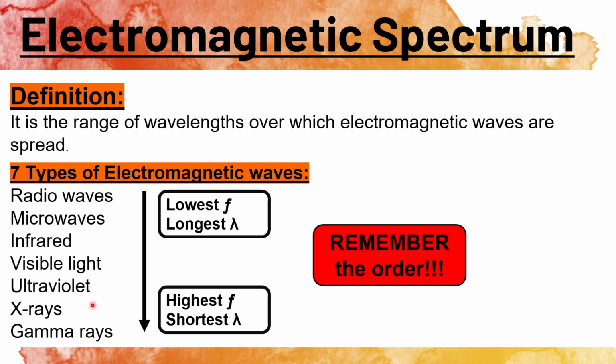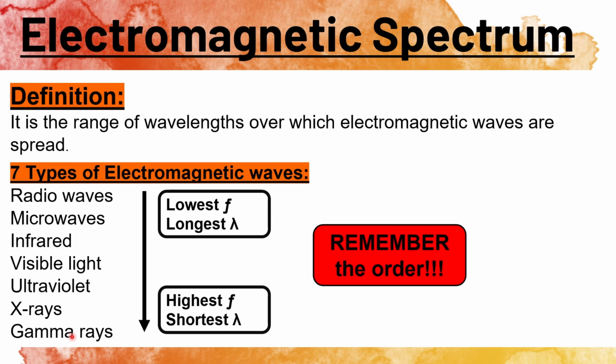Are they asking you to arrange these waves according to increasing wavelengths or decreasing wavelengths, or increasing frequency or decreasing frequency? Remember, if you need to arrange according to increasing wavelengths, it means you need to start with the shortest wavelength and end up with the longest wavelength.